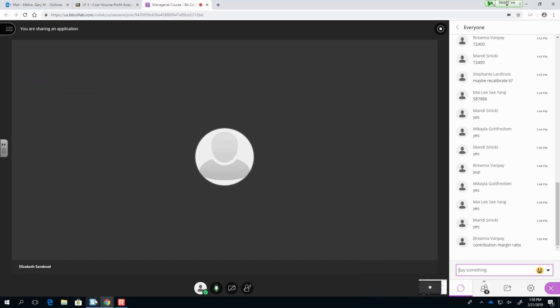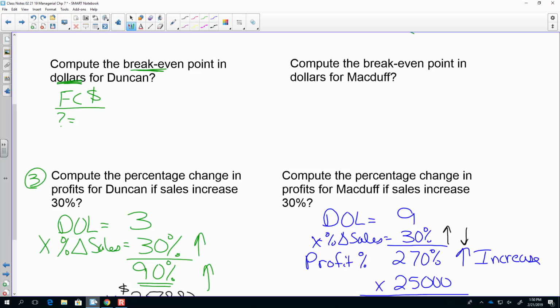Brianna says contribution margin ratio. Yes, very good, guys. Excellent. So how do I find that margin ratio, or percent? Margin per unit over price per unit, but I don't have that information. So I'm going to be forced to use total dollars.